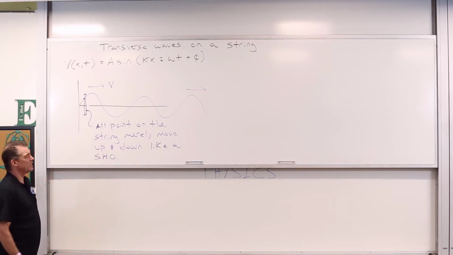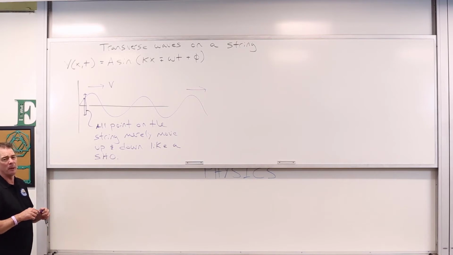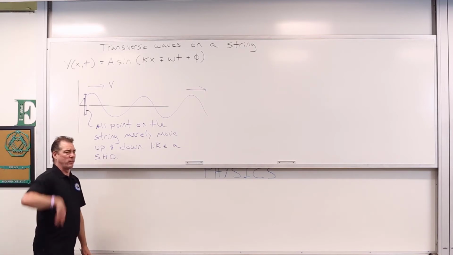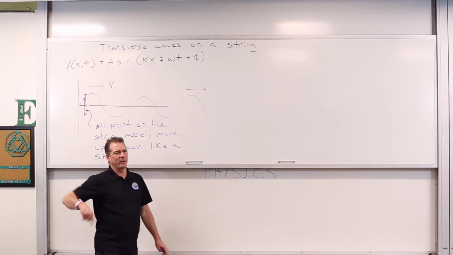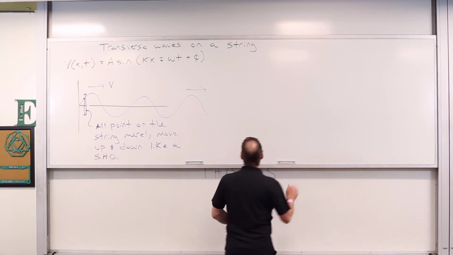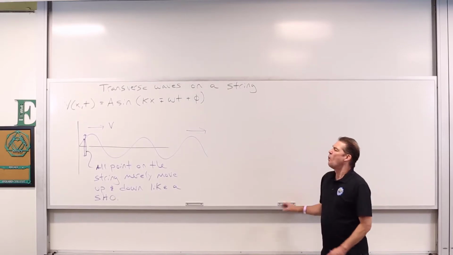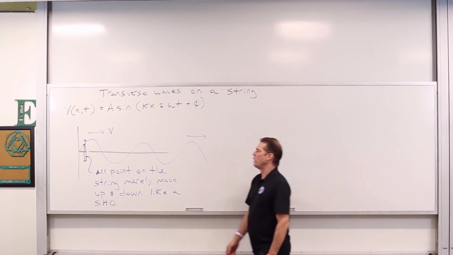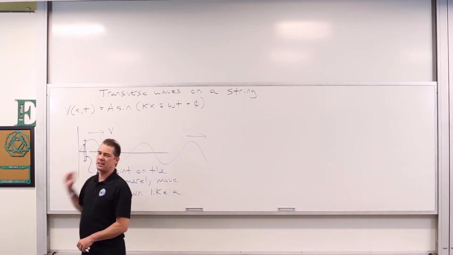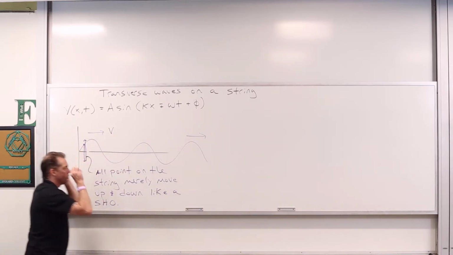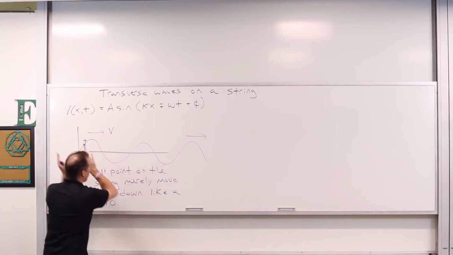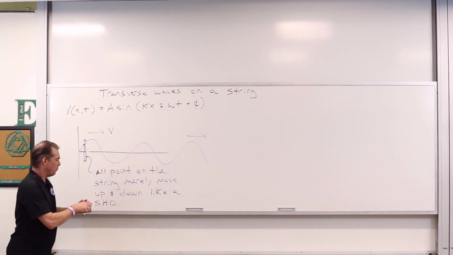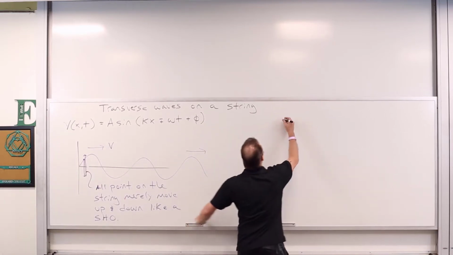Well, we can talk about the individual motions of any element of the string as it moves up and down. Like, what is its velocity moving up and down? What's its acceleration moving up and down? But instead of calling it just velocity and acceleration, we're going to call it transverse velocity and transverse acceleration, so we don't confuse it with the wave velocity itself, the wave traveling to the right.